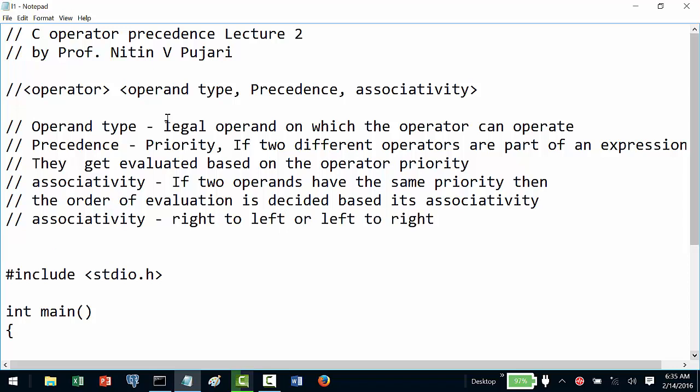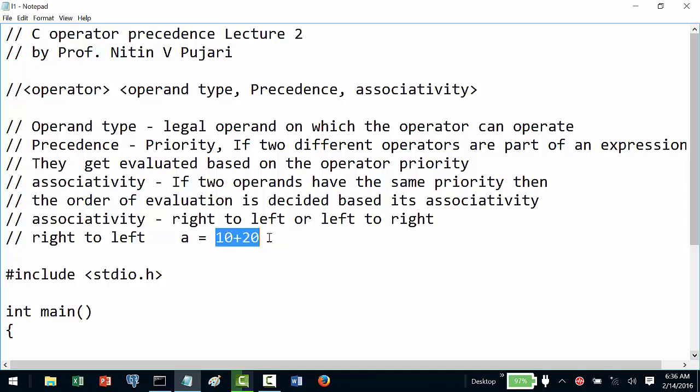So what is the meaning of left to right or right to left? Which means if I have an expression, for example, suppose I want to look at what is right to left. If I have an expression like 10 plus 20, and then you have a equal to something like that. Now, if you look at this expression, it has two operators, equal to and plus. So plus has an associativity of left to right.